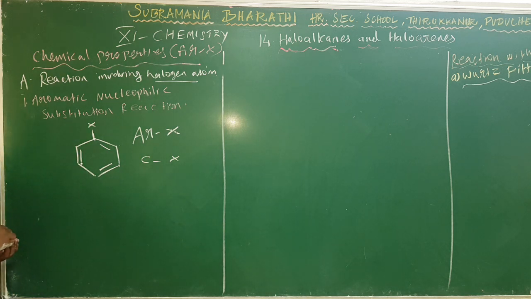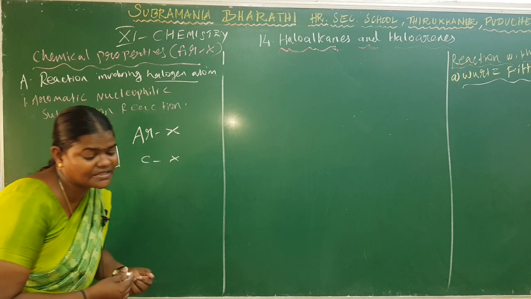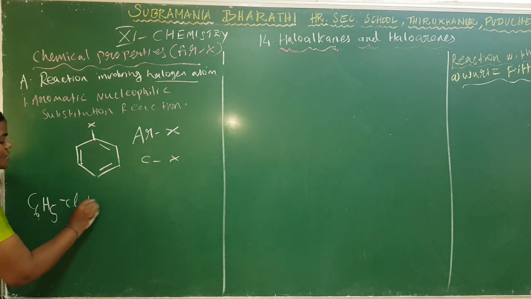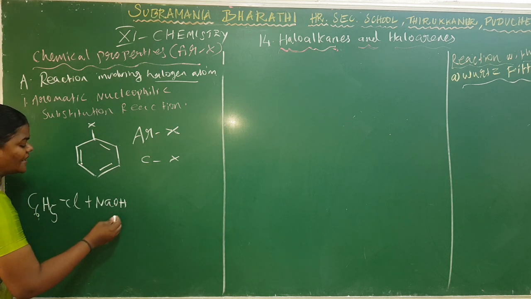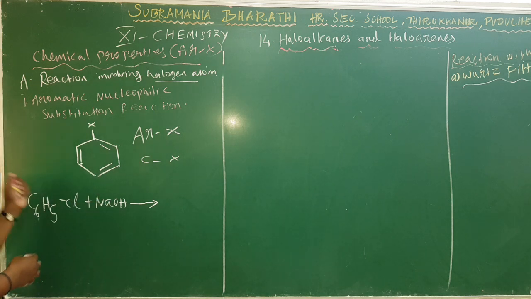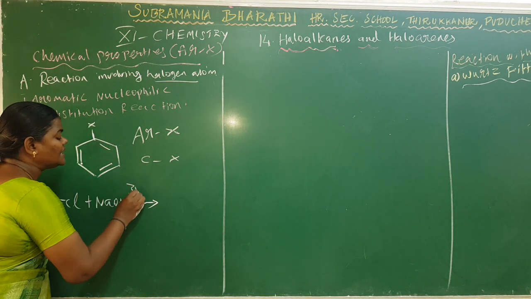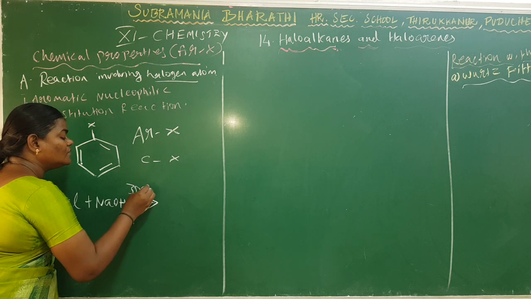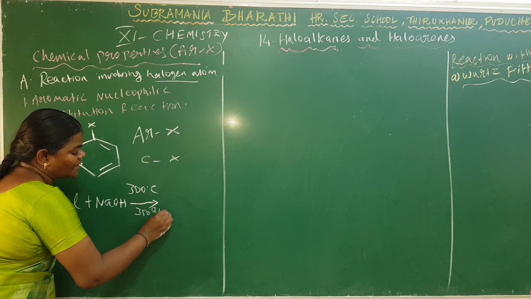The first reaction here is for chlorobenzene, C6H5Cl. Chlorobenzene reacts with sodium hydroxide at a sufficiently high temperature, 300 degrees Celsius, under 350 atmospheric pressure.